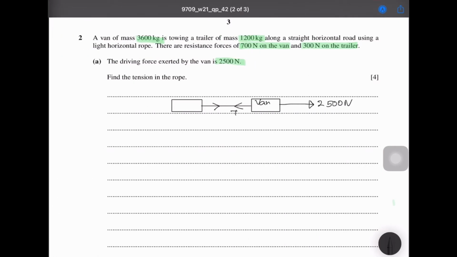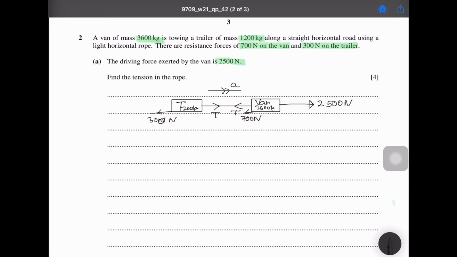There is a tension, and then the resistive force is 700 Newtons for the van and 300 Newtons for the trailer. So let us consider that there is an acceleration, that is a. The two masses are 3600 kg and 1200 kg.